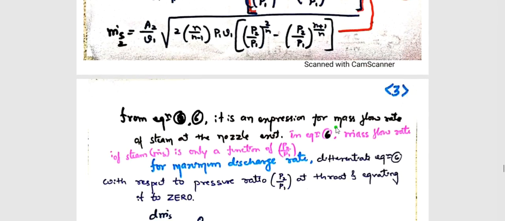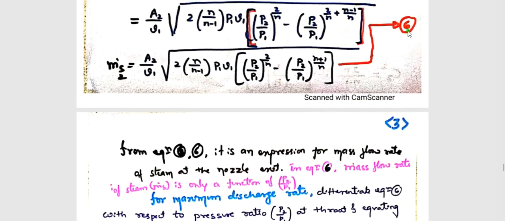Okay, so from equation 6, observe this equation carefully. In this equation number 6, the mass flow rate of steam at exit of the nozzle depends only on one variable parameter, that is P2 by P1. Have a look here.